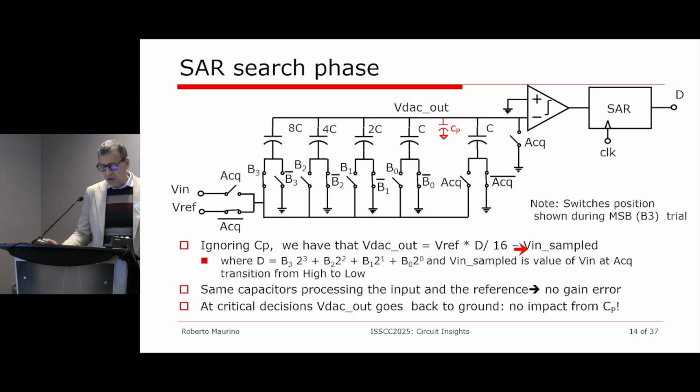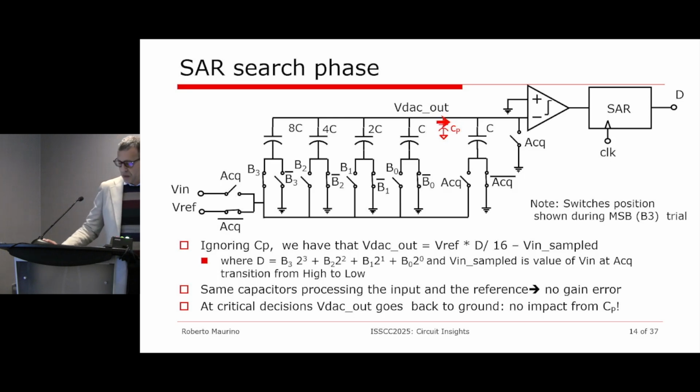So again, you can do the SAR search routine by looking at the polarity of this node. And I think this explains why now if you add a parasitic capacitance which is nonlinear on this node, it doesn't matter, because the only thing that you really care about is the polarity of that voltage, right? So even if the voltage is nonlinear, as long as the sign is the same, you're fine.